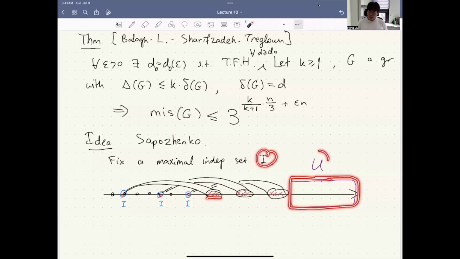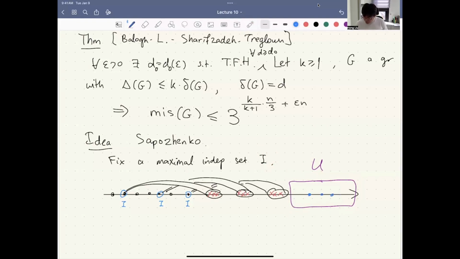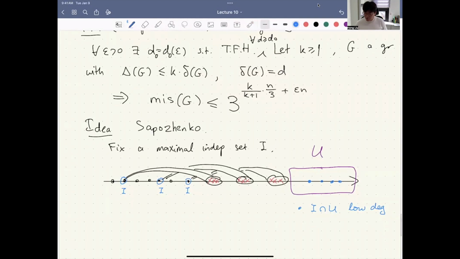In the final set U, what do we know? We know all the intersection of I intersect U, they are low degree vertices, right? If there's anything that's high degree in here, we do that in the first stage and kick out its neighbors. So first of all, the vertices in I intersect U are low degree.